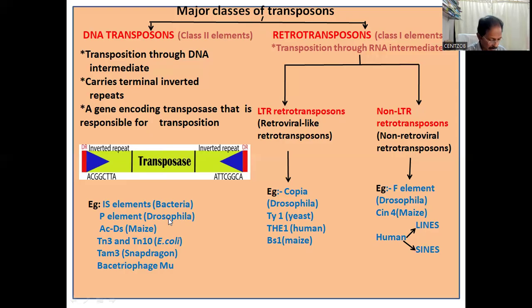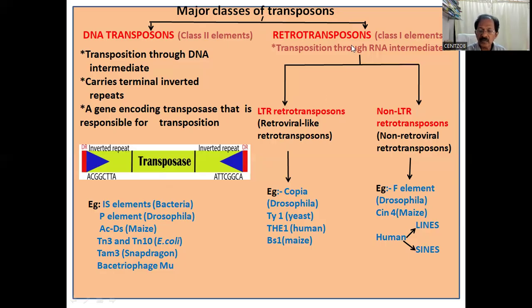The P element in Drosophila is very important, especially hybrid dysgenesis in Drosophila, which we will study in separate classes. Very, very important. Then Ac/Ds in maize, Tn3, Tn10, etc. in E. coli, Tam3 in snapdragon, bacteriophage Mu. So all these are familiar examples.